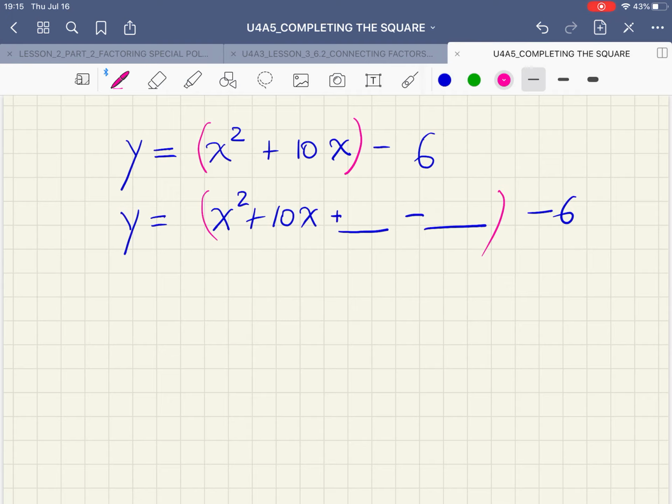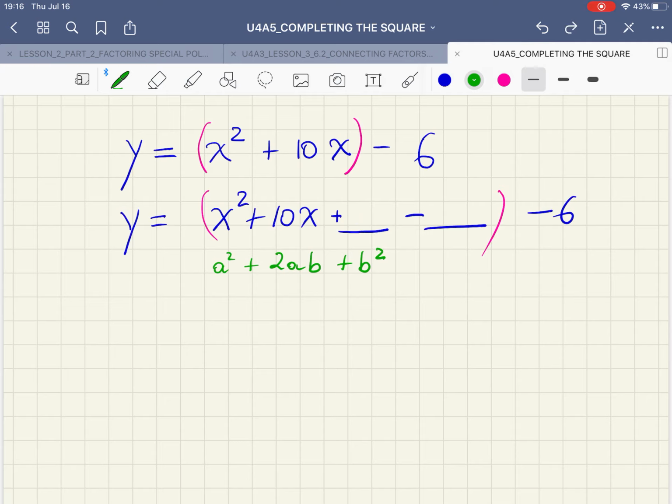Now how do I figure out that number again? Remember that this needs to be in the form a squared plus 2ab plus b squared. That's the perfect square trinomial. We want to complete x squared plus 10x with one more term to make a perfect square trinomial.